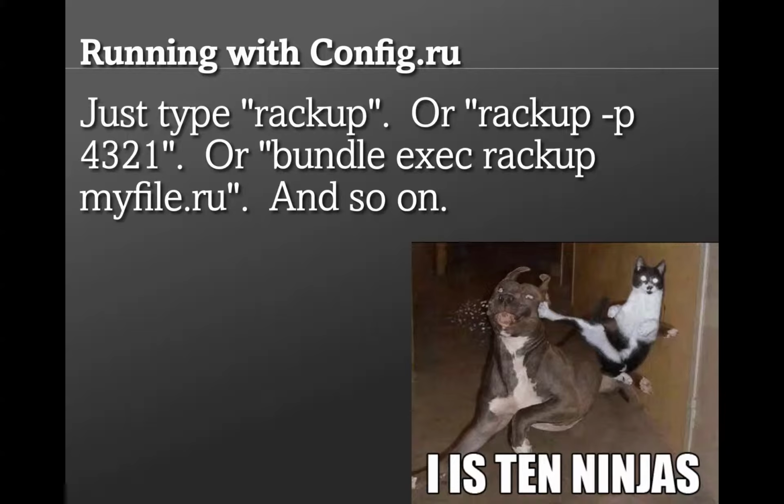That will use whatever Rack-compatible web server is available in your Gemfile, and it'll run your application. That's how you would get it running on a port, so that you can point a browser at localhost and that port number and see Hello World. In a few cases, for instance, if you're using Unicorn or another server that doesn't directly have a Rack adapter, you may need to run the start command specific to that app server, like Unicorn uses the unicorn command.